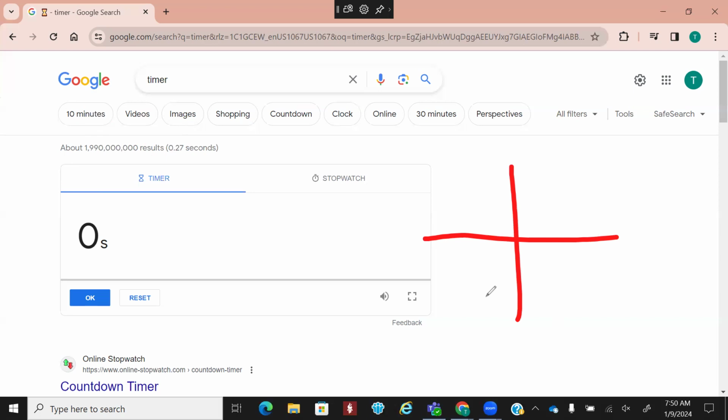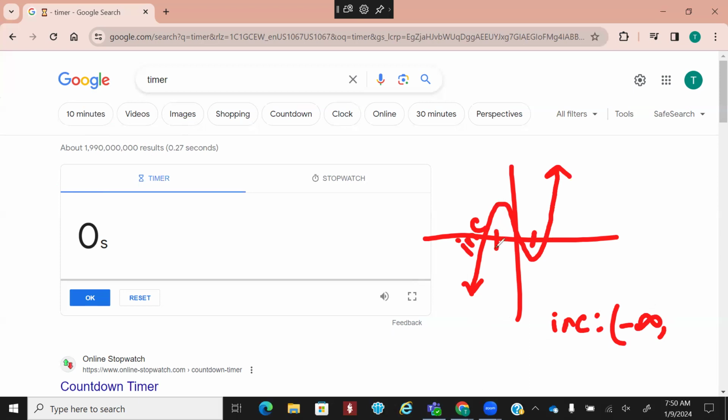So we have a graph that looks like this, right? Okay, is this increasing or decreasing first? Increasing. Okay, and where did it start? Negative infinity. And it went until where? About 1, right? It might be like 0.8, but we're going to just say 1.